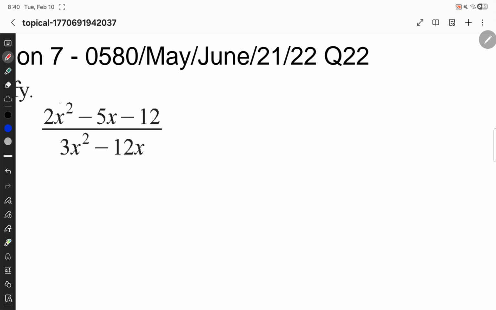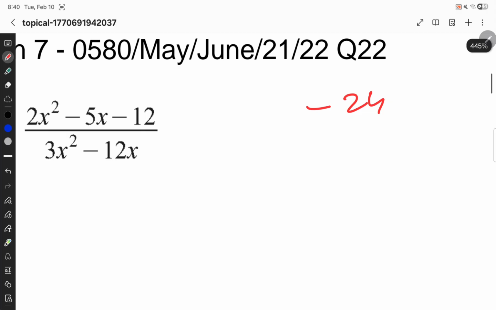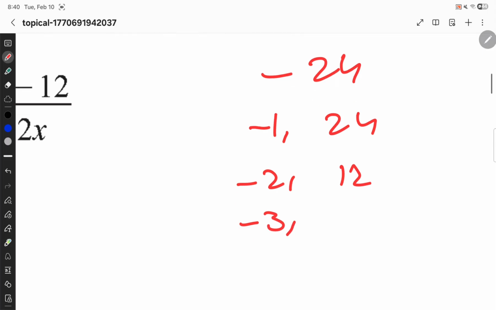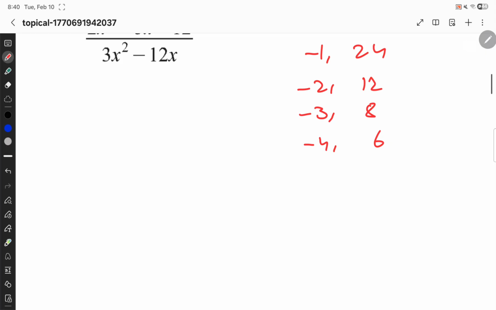You get AC, which is in this example negative 24, and then you may write the factors of negative 24, which are negative 1 and 24, 24 and negative 2, 12 and negative 3, 8 and negative 4, 6, and so on.